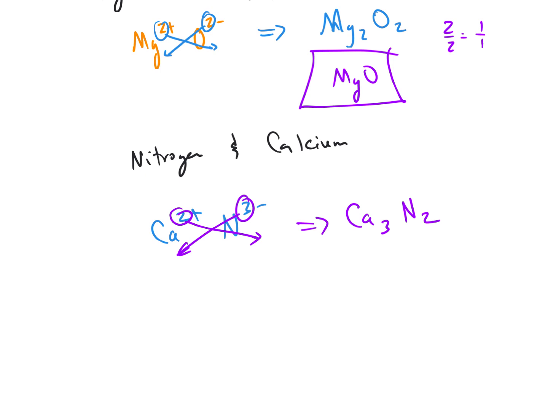Simplify. What's the ratio right now? 3 to 2. Can that be simplified? No. No, then we're done. Good? So that's the chemical formula for calcium nitride. Nitride. We'll get there. I'll teach you how to name them and everything.